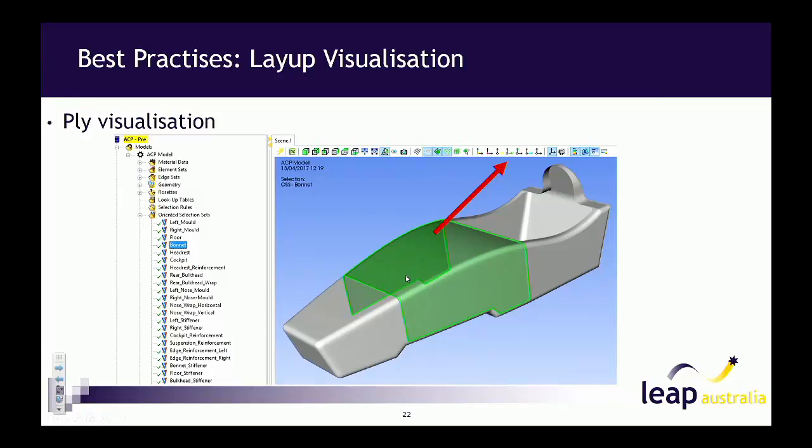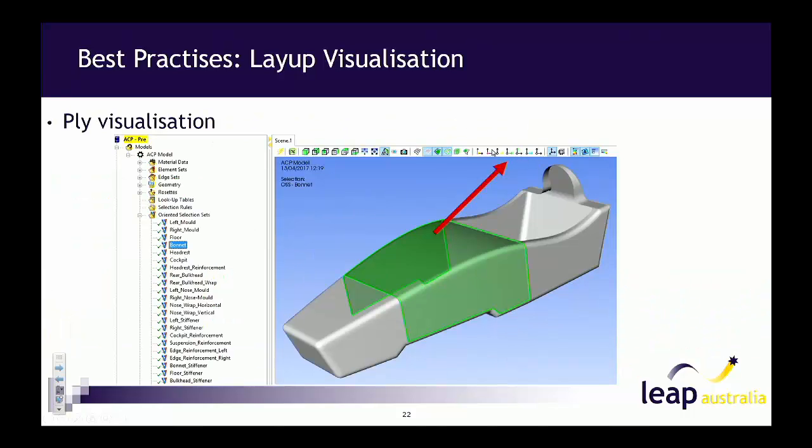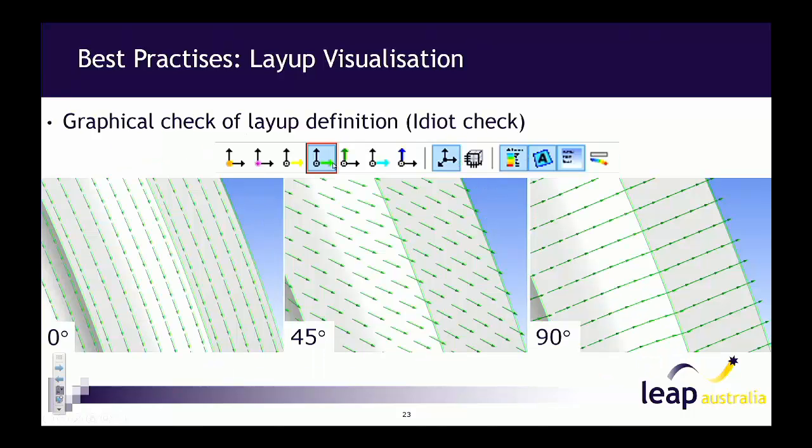So if we've got this material and we want to know that we've set our fibre direction correctly, and I haven't just arbitrarily put in 45 something, what we can do is up in this top corner, we have a couple of visualization options. This one will display the fibre direction that you've specified. So on your model, for every element, there'll be this nice green arrow which will point down fibre direction. So this is essentially an idiot check that that fibre direction is what you specified.